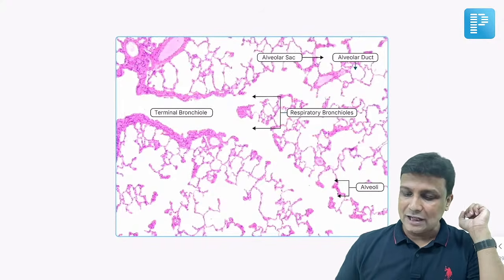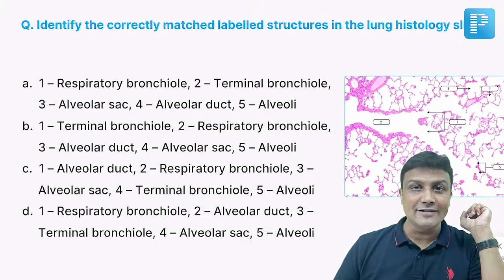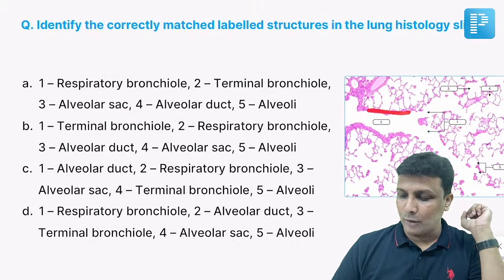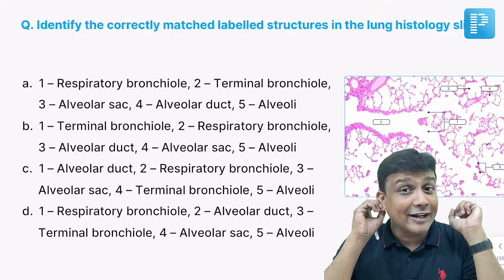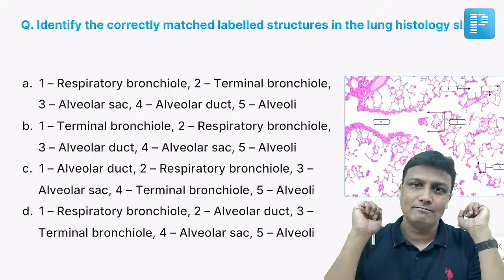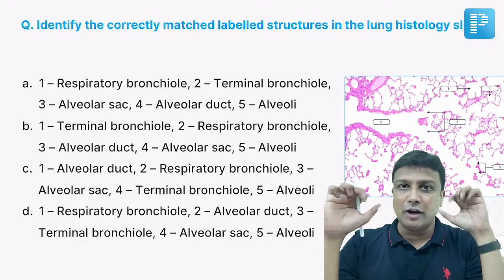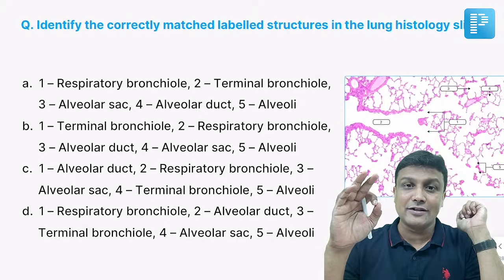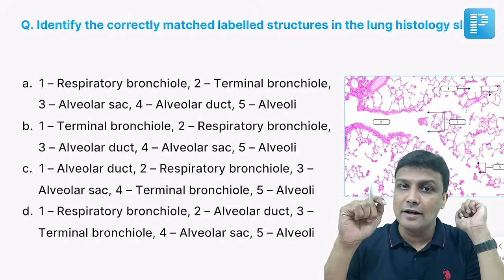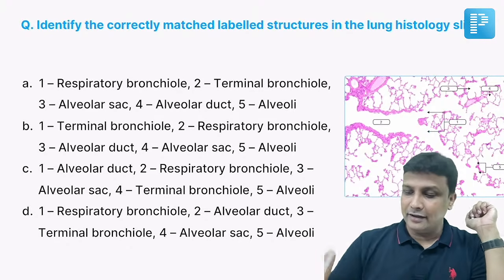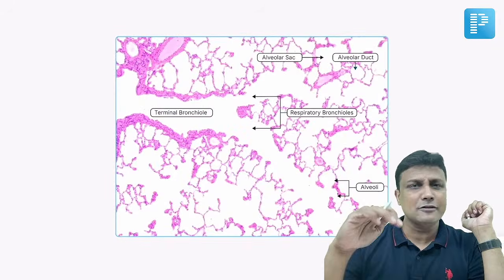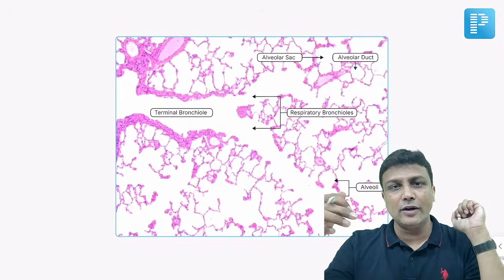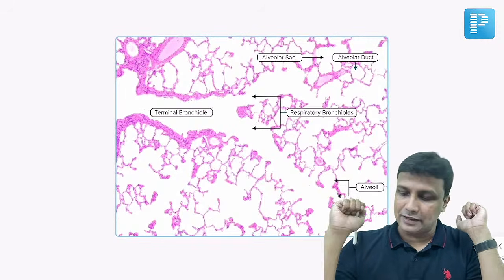Whenever they give this type of image in the exam, remember if a proper wall is present over here, till that point it cannot be the respiratory bronchiole. Where you can see a complete wall, it has to be the terminal bronchiole. Then after that the alveoli formation will begin. So that is how you can differentiate: there is the respiratory bronchiole, and later on there will be the alveolar duct, and then you will have the alveolar sac, sir.